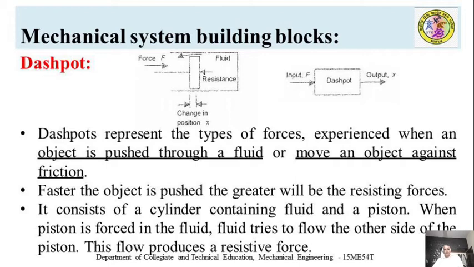When the fluid is compressed, the fluid tends to come out of the piston in the opposite direction. So similarly, if the piston is pushed back, the fluid tends to get into the piston, that is cylinder, through the piston and cylinder surface.